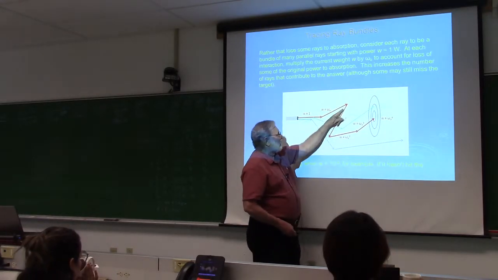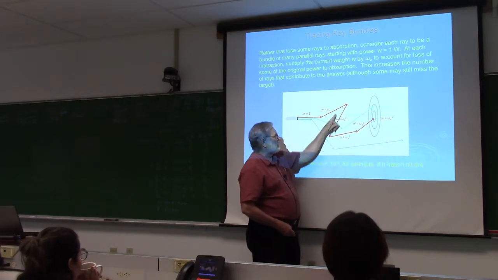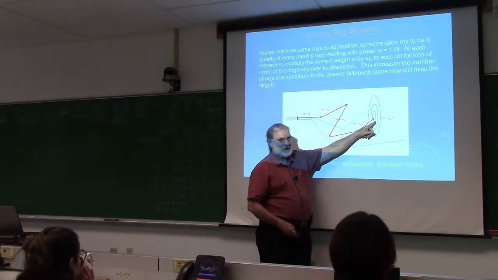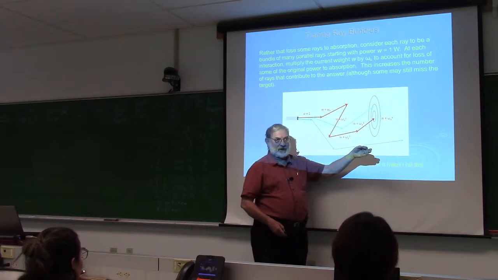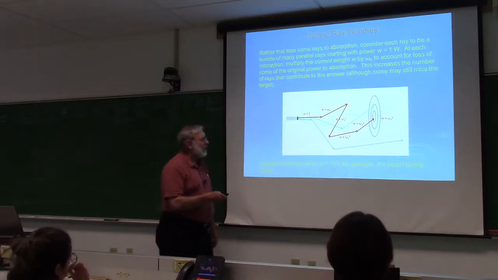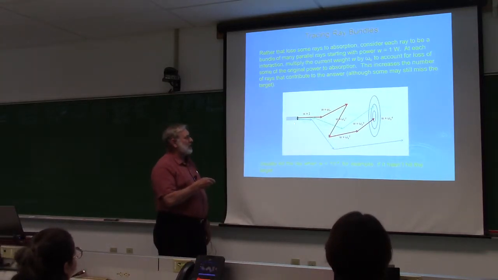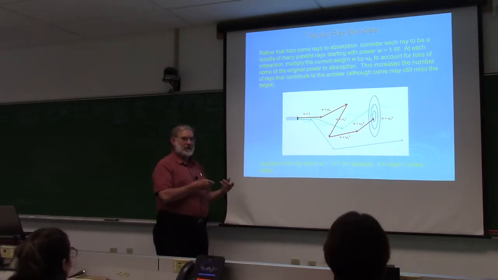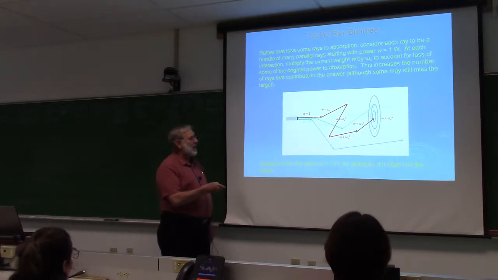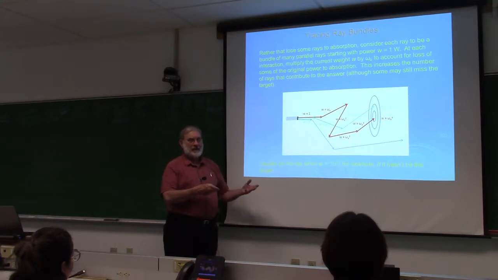But in reality, some of these would have been absorbed, but now we just let them keep scattering, but we decrease their weight. And then at the end, we say, okay, we traced 1,000,000 photons here. They each had weight 1, so we have a weight of 1,000,000. Over here, the final weight is, say, 500,000.